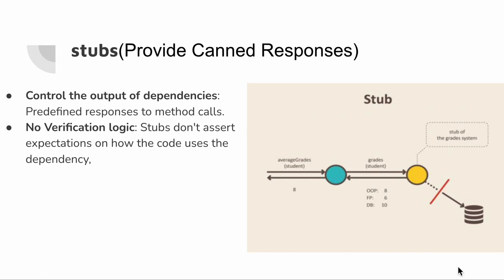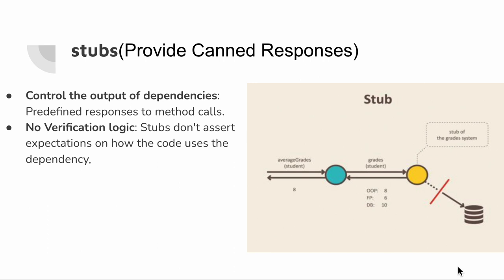A stub is a simplified implementation of a dependency that returns predefined responses, and it does not have verification logic. We can take an example. Let's suppose I have a function in which I am calling some external dependency to get the grade of all the students.